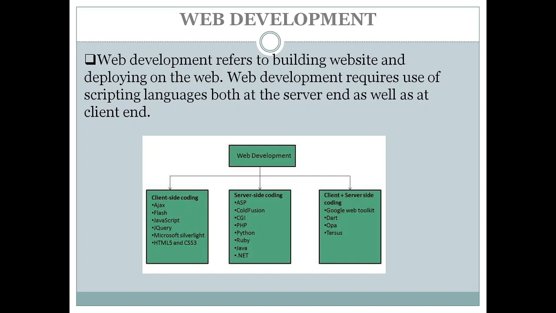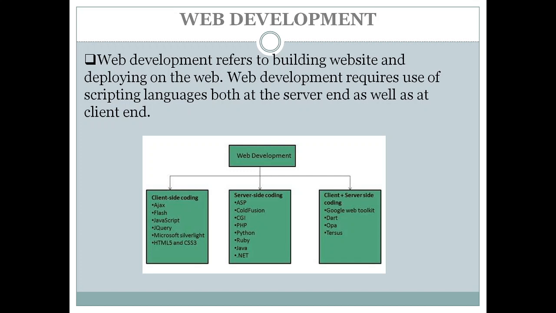Server side and client side is nothing but where the page is executed. When a page is requested by the client and that page is executed by the server, then we can say the page uses server side scripting languages.